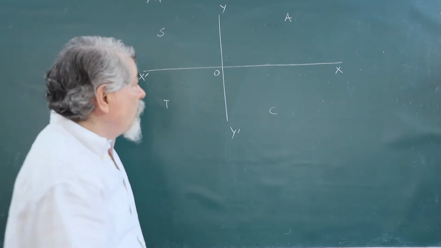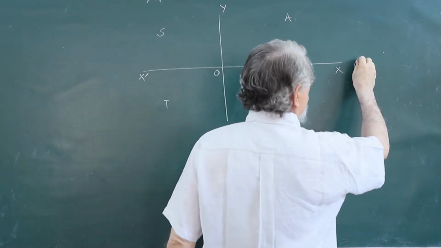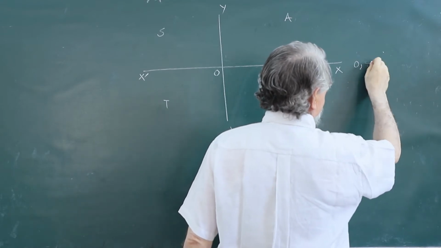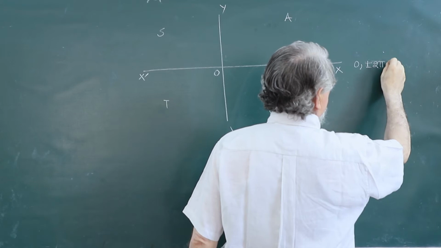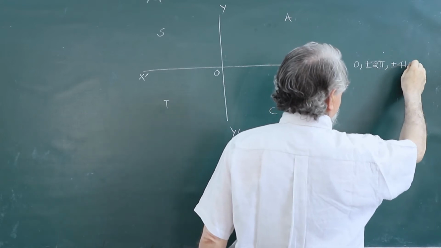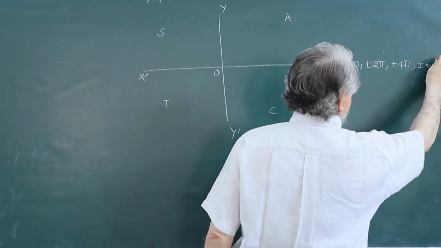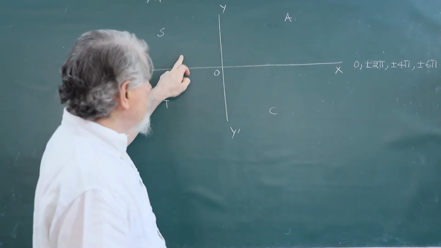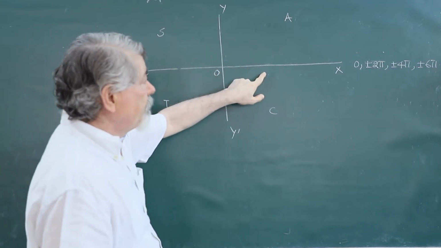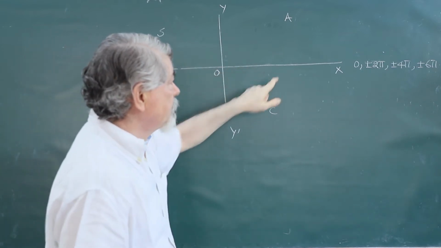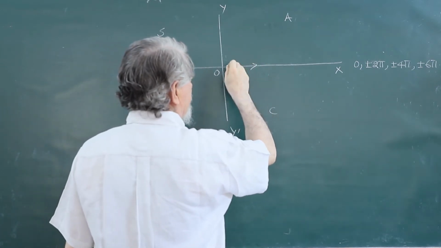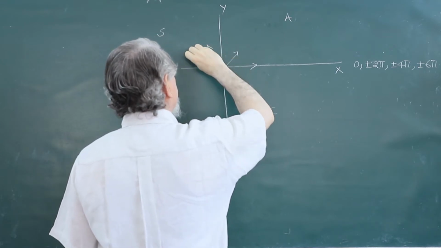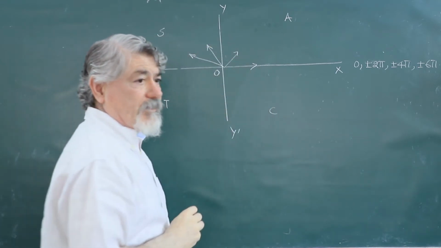Now the question is, along the x-axis I have 0, plus minus 2 pi, plus minus 4 pi, plus minus 6 pi, and so on. Starting from here, the initial line keeps moving anti-clockwise, because that is conventionally taken as the positive direction.